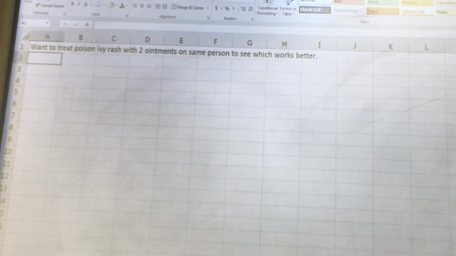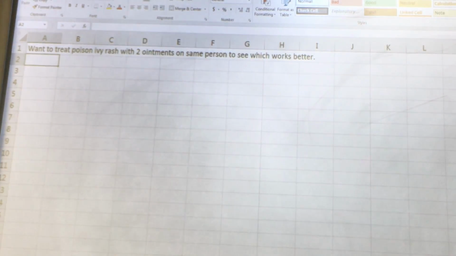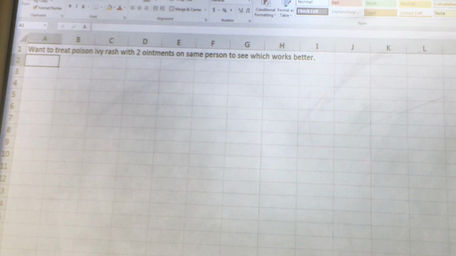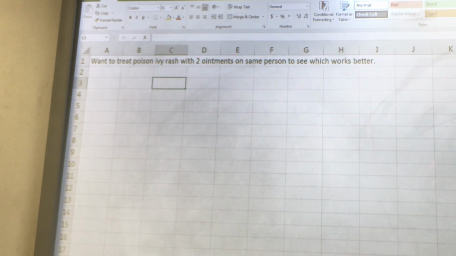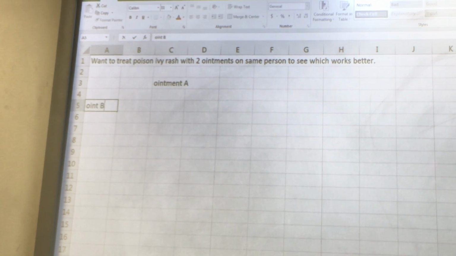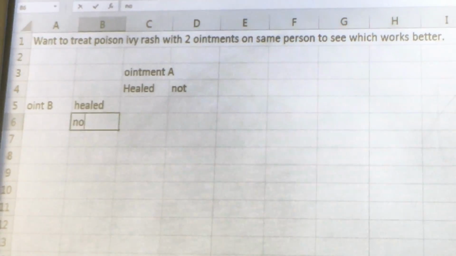Okay? Alright, so if you're doing it on the same person, it's got to be a dependent sample, right? So the dead giveaway is ointment A, you got ointment B, you're going to have success, and maybe I'll write it this way, healed or not healed, and healed or not healed.